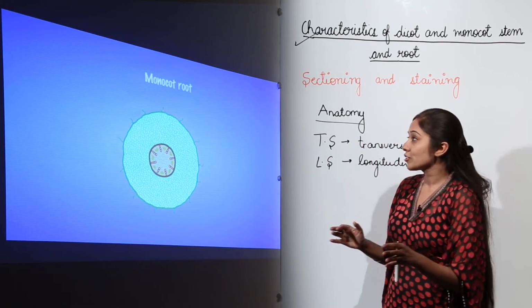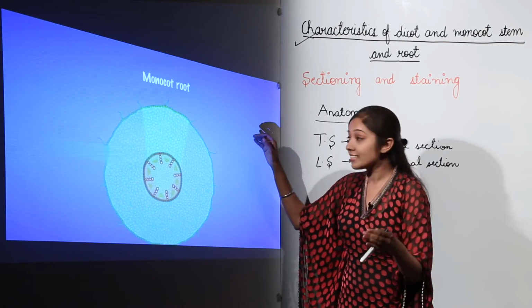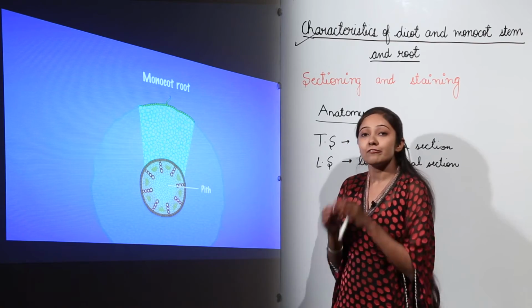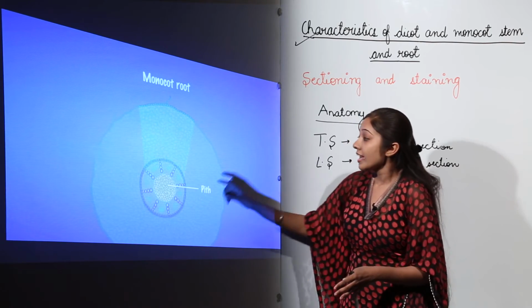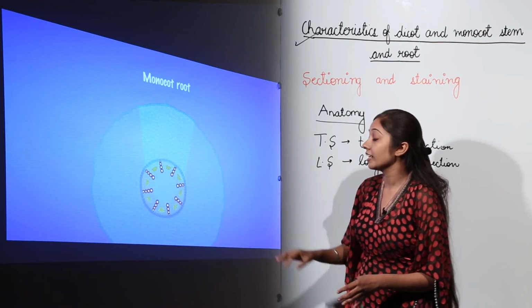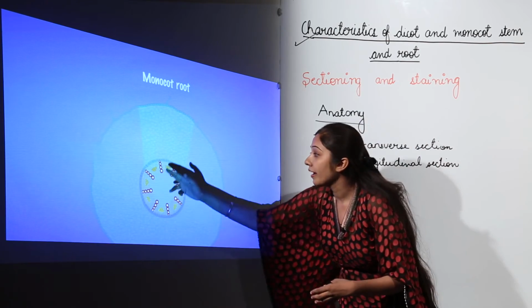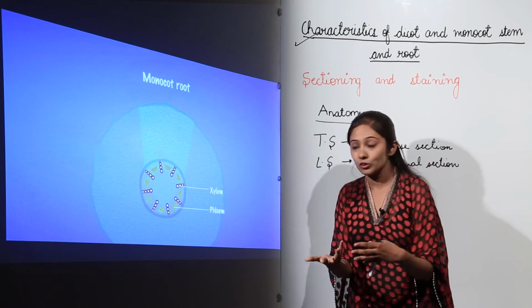Now let's move on to a monocot root. In case of a monocot root, as you all can see, the outermost layer definitely is going to be the epidermis. In the center you are going to see pith, and the vascular bundles will be more in number. They are 8 over here, so they will be more than 6 also.